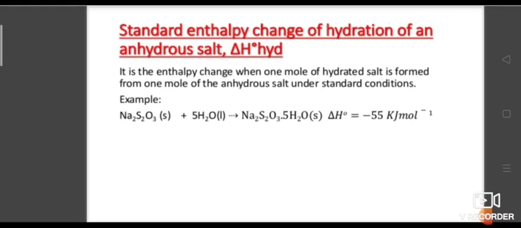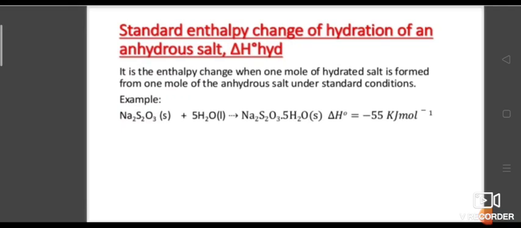Apart from these enthalpy changes, another important thing is ionization. Ionization means changing into an anion or changing into a cation. During that time also there will be enthalpy changes: electron gain enthalpy and ionization enthalpy.